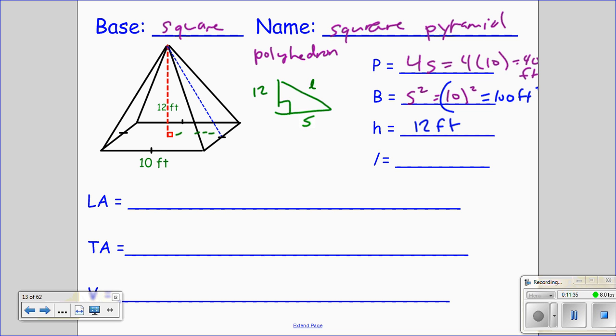So I'm looking for C this time. So the shortcut would be L is equal to the square root of 12 squared plus 5 squared, and you would get 13 feet.